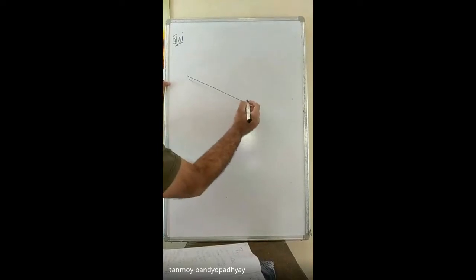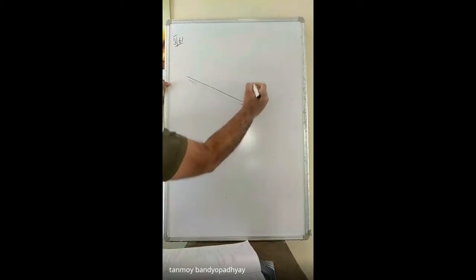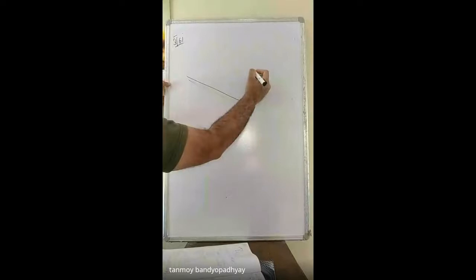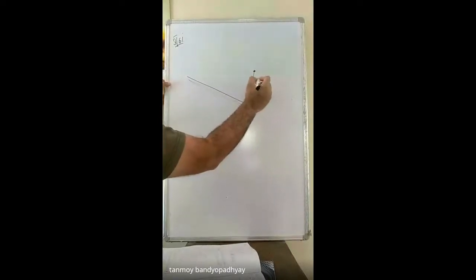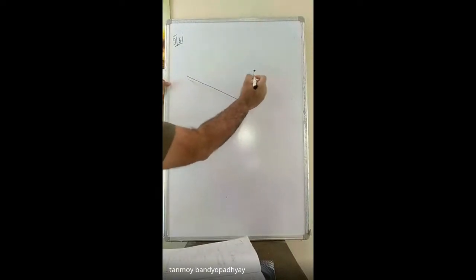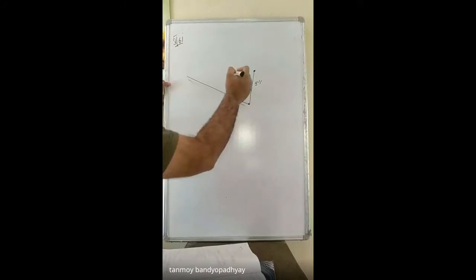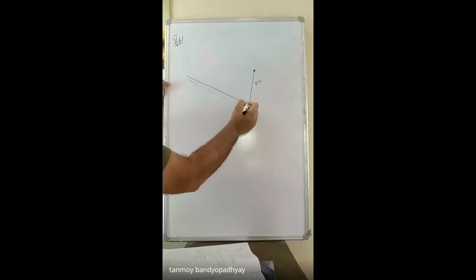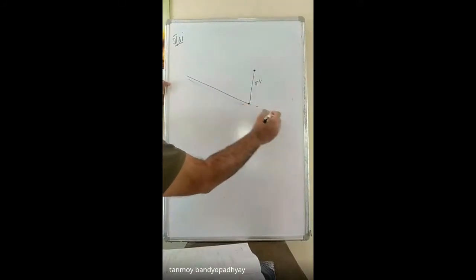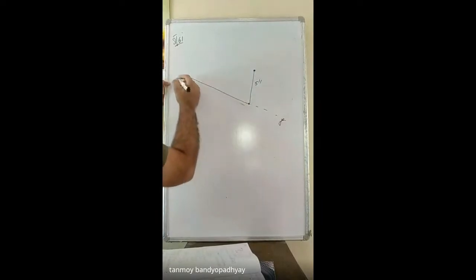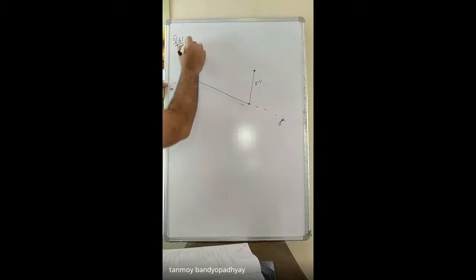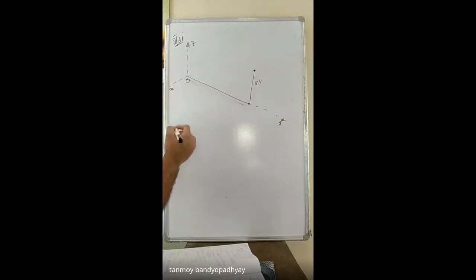At this point, vertically, if I go up a distance of 5 inches, I will be reaching a point A. Along this length we have the y-axis, along this direction the x-axis, and this vertical direction is the z-axis. This point is O, and this distance is given to be 10 inches.